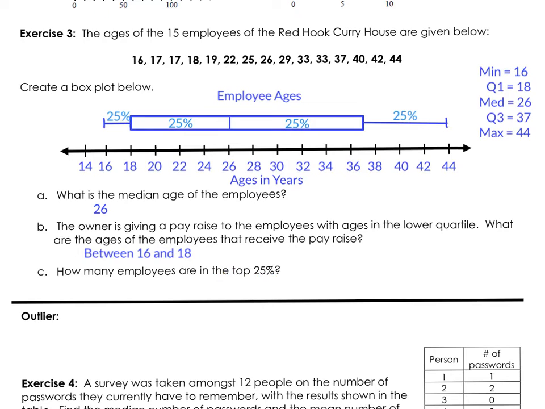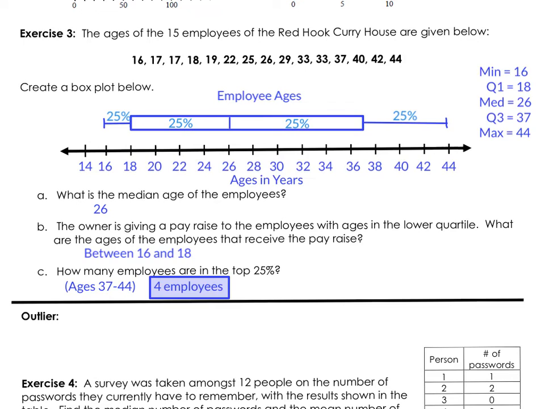Okay, so since I have a list of data, now I can just look through my list of data up here, which is already in order for us too. Then I can say, okay, well, how many actually fall between that 37 and 44? So when I look up here, there's 1, 2, 3, 4. So then I can see that I just wrote down the age range, and then there were 4 employees.